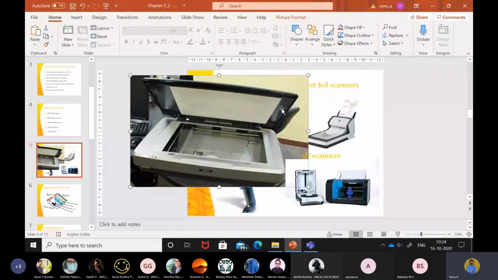Some of you have noticed or operated this type of scanner in your home or college. Our college itself has this type of scanner in our printing rooms, where you can scan your certificates, and the xerox rooms will also have this type of scanner available.